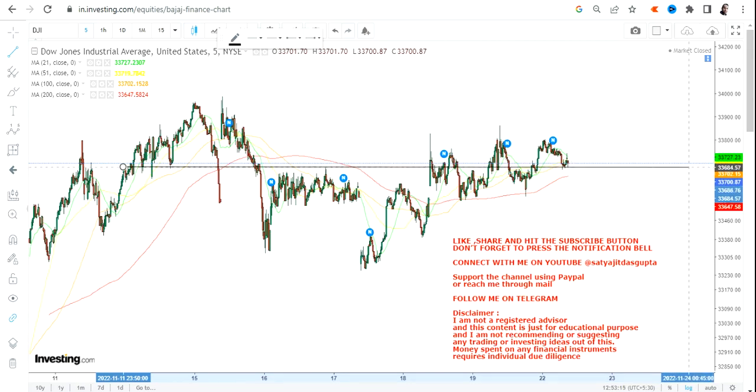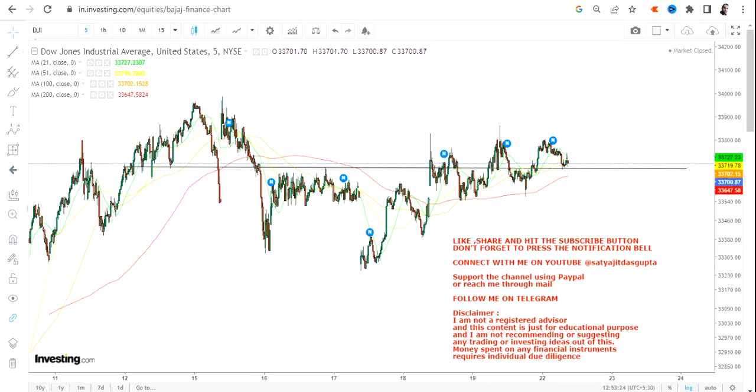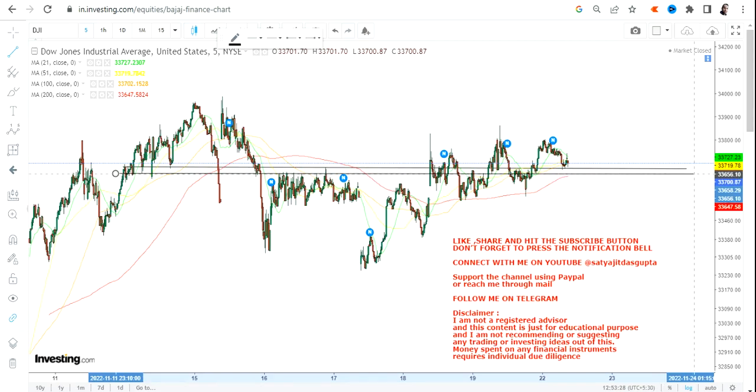Okay, although it has fallen a bit in the last trading session, but if you are looking at the price chart closely, what we can see over here is a range breakout. Okay, a small range breakout.